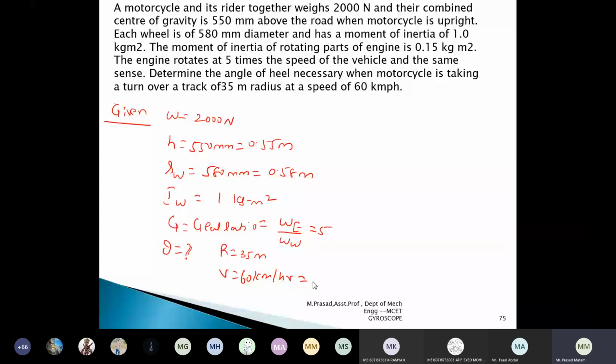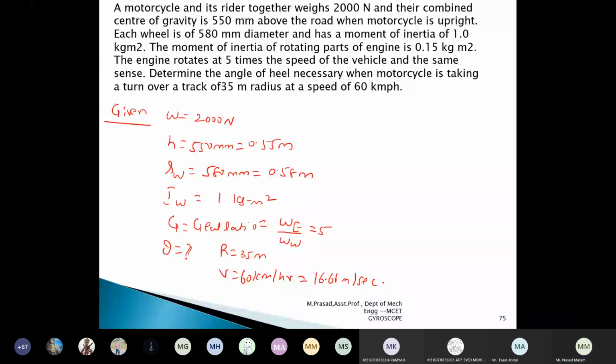Yes, students, please convert and give me this answer. 16.66 meters per second. Okay, let it be 16.66 meters per second.